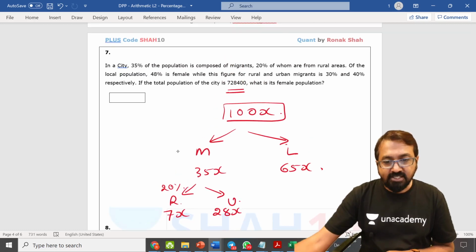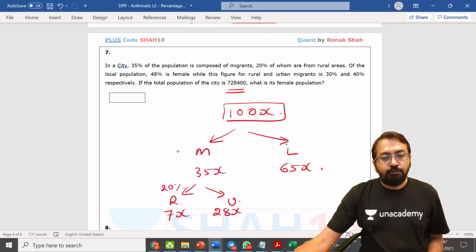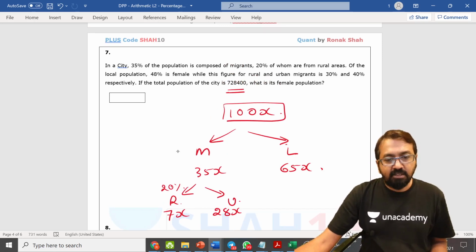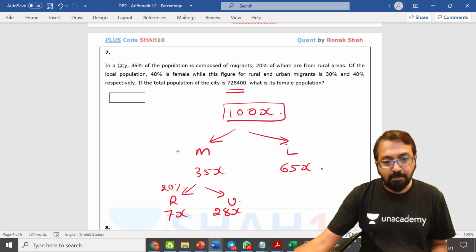Right, now further it says that 48% of the local population is female, while this figure for rural and urban migrants is 30% and 40% respectively. So if the total population of the city is 724800, what is the female population? Right, okay.